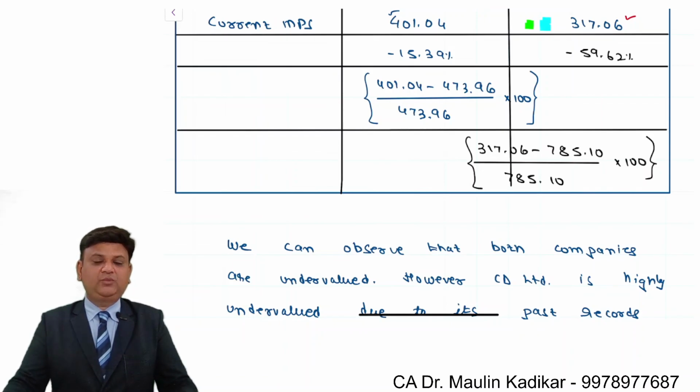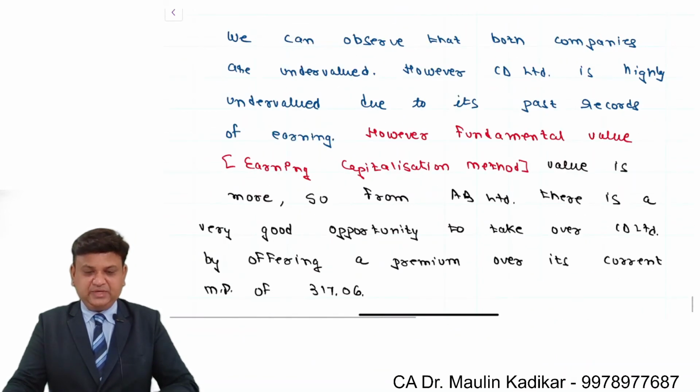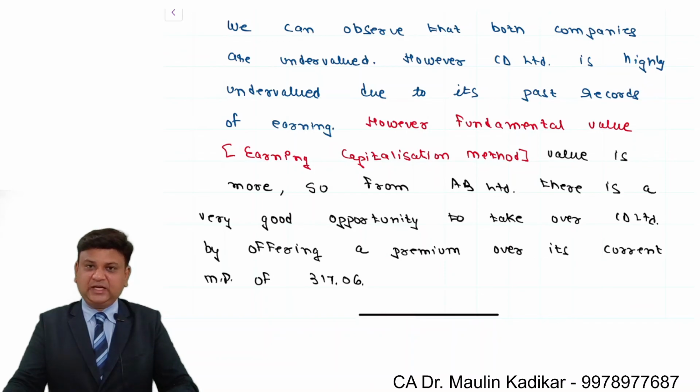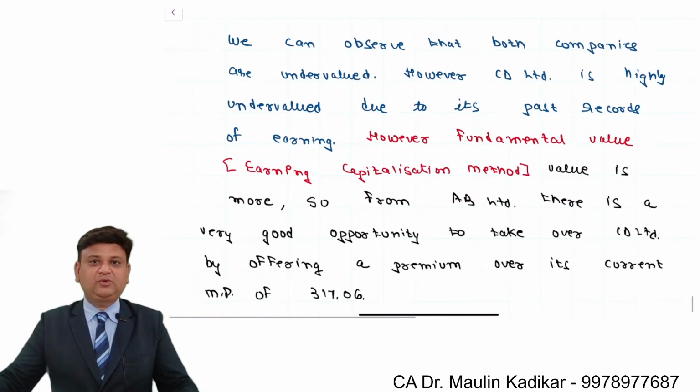We can see that both companies' securities are undervalued. However, the target company's price is substantially undervalued. So from the acquiring company's point of view, it is a best advantage to take over the target company by offering a premium over the current market price, which is substantially undervalued. This is the way we are required to give the answer for the question.